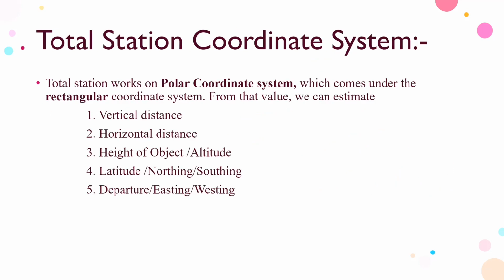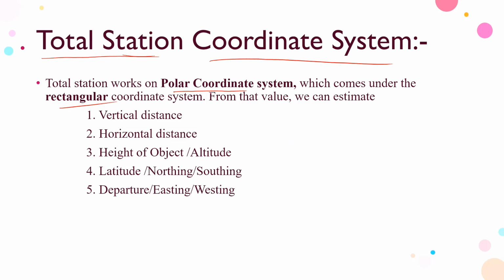There are two questions which are very important for the exam. Number one is, which type of coordinate system is used for total station? Total station is an instrument for measuring distance, area, perimeter, which we use for survey measurement, and the coordinate system used for the total station is the polar coordinate system, which comes under the rectangular coordinate system.